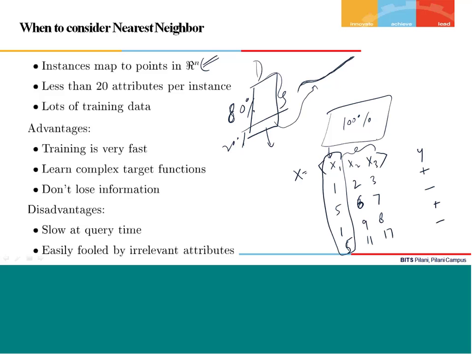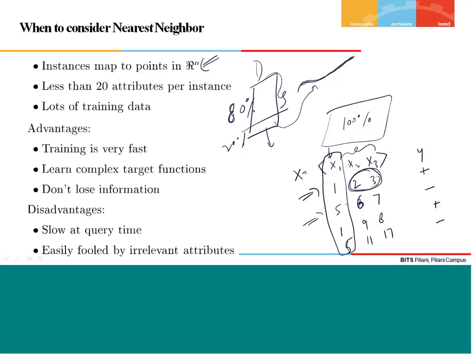But when I calculate my Euclidean distance, these two attributes also play a role, because they also help decide the distance from this point to this point. Now, if they are irrelevant, it may happen that because of these irrelevant attributes, my closest point is not the one that should be there.